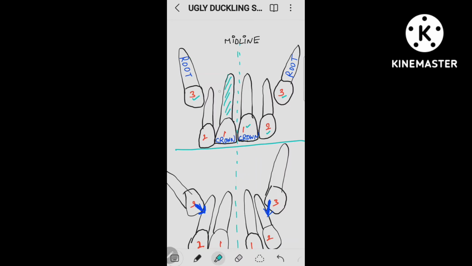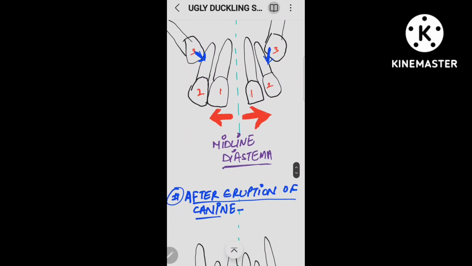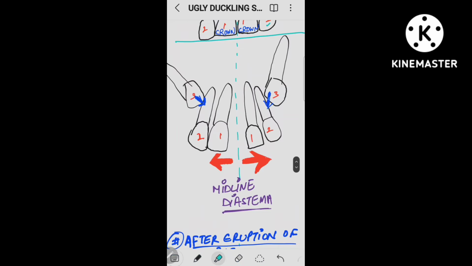Now, in this diagram, when the canines start to erupt into the oral cavity, the crown portion of the canines starts to apply some pressure on the roots of the lateral incisors. As you can see in this diagram, the crown portion is putting pressure on the roots of the lateral incisors, which leads to a tipping movement in both the central and the lateral incisors.